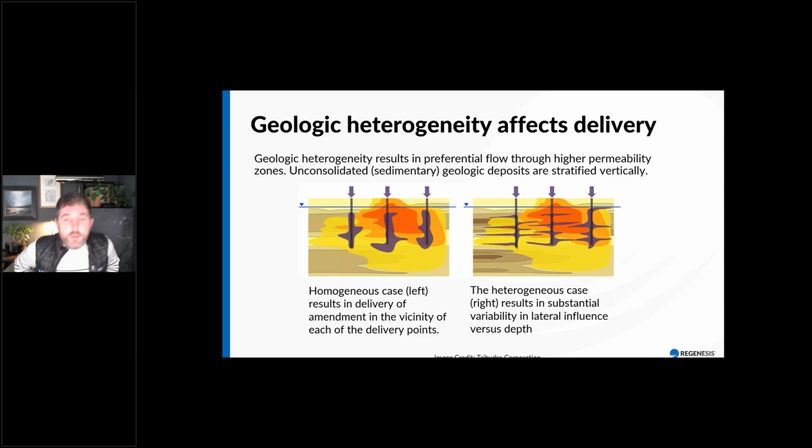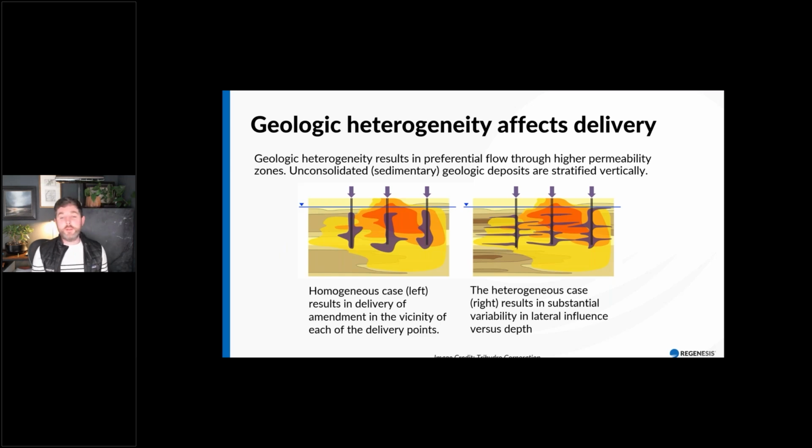So if you look at these 2 graphics here, on the left, you've got a case where we're getting good even distribution of an injectable substrate. So this can result in good radius of influence that both Sarah and Jim are going to touch upon, which may mean that we don't need as many injection points to create good coverage in the subsurface.